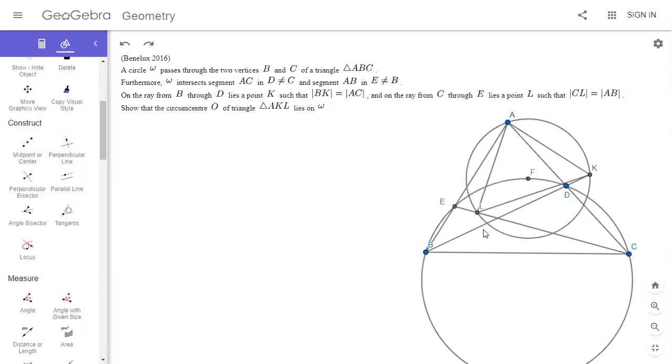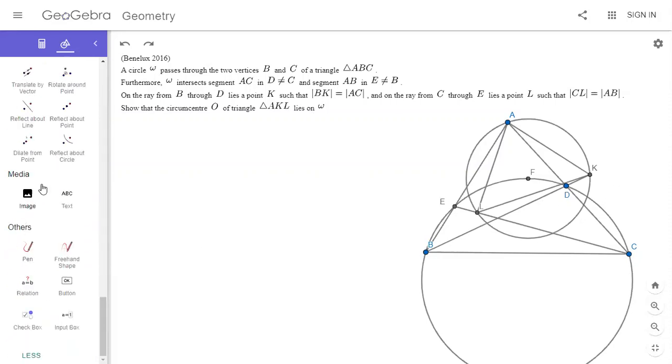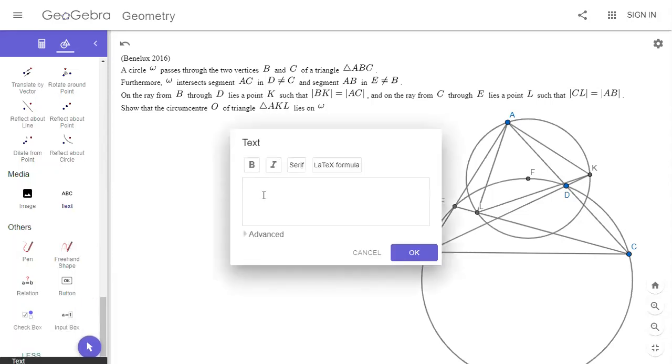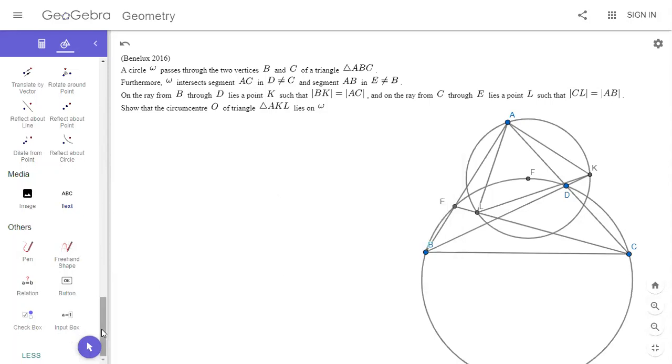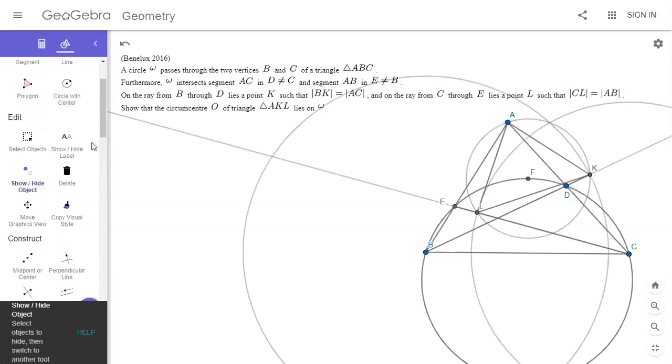Yeah, we just don't know it's isosceles. So I'll just say let F, actually, no, I will delete the circle, or I'll hide the circle. I just want F to be the midpoint of arc BEDC.